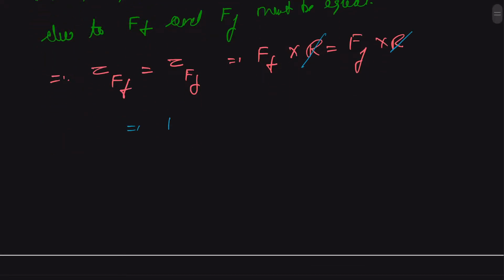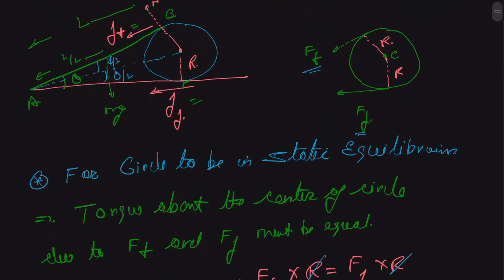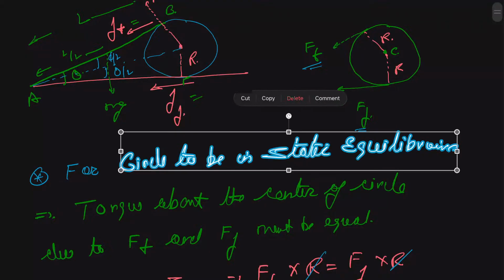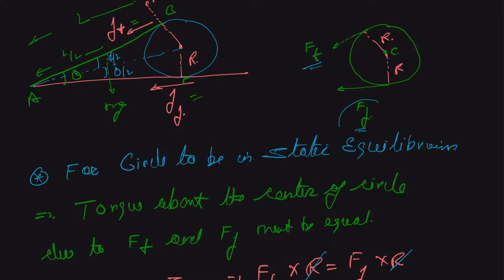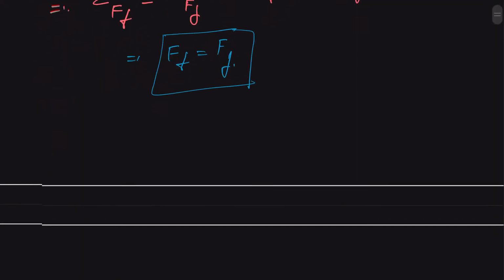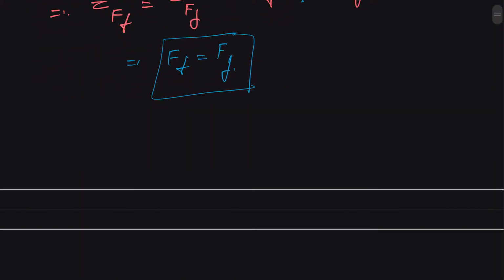Therefore, from here we get that the friction between the stick and the circle is equal to the friction between the circle as well as the ground. It means these two values of the friction are equal. So this is the first part.